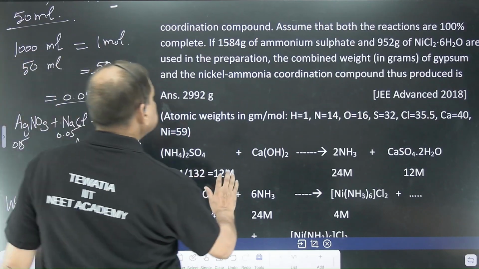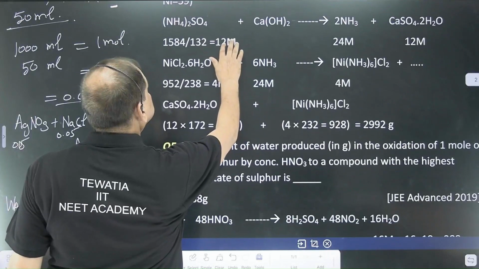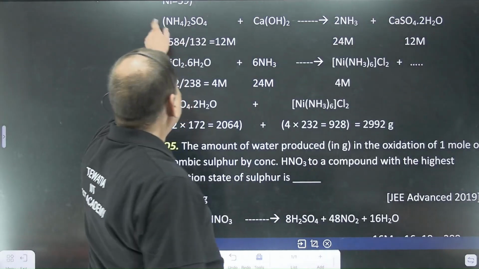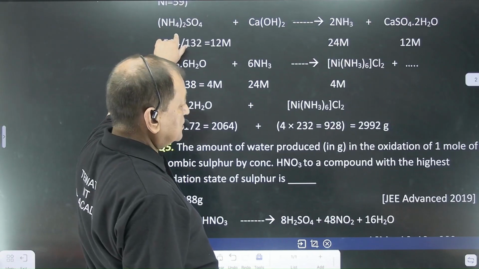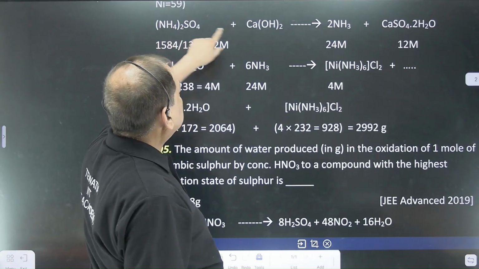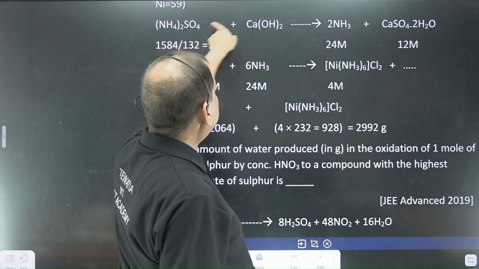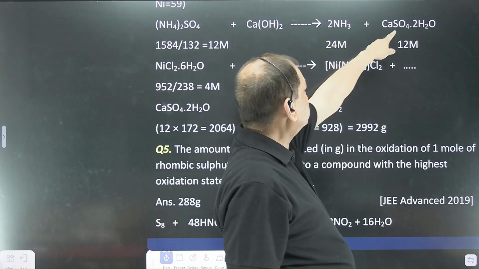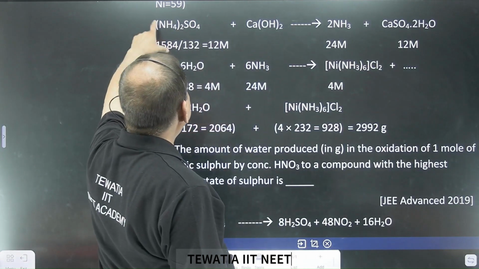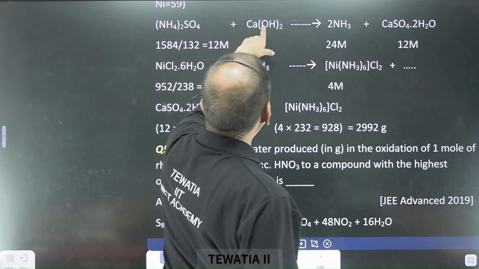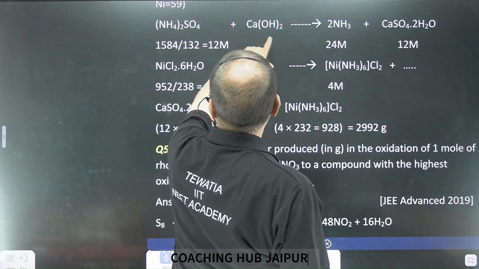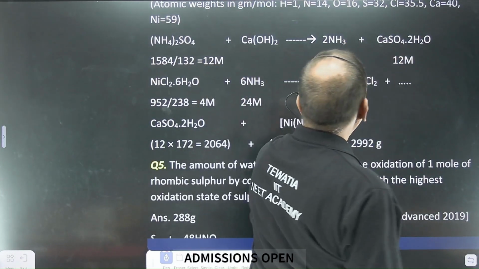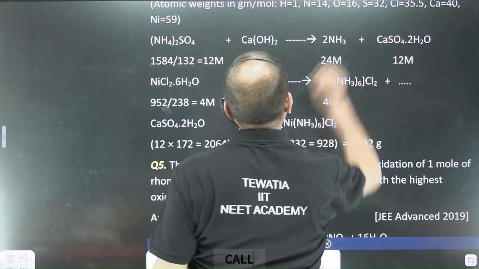I have written the reactions here. Ammonia is produced by this ammonium sulfate and calcium hydroxide. They react, so 1 mole of this, 1 mole of this gives 2 mole of ammonia and 1 mole of this.